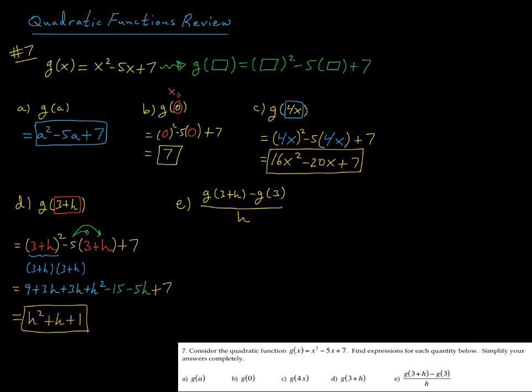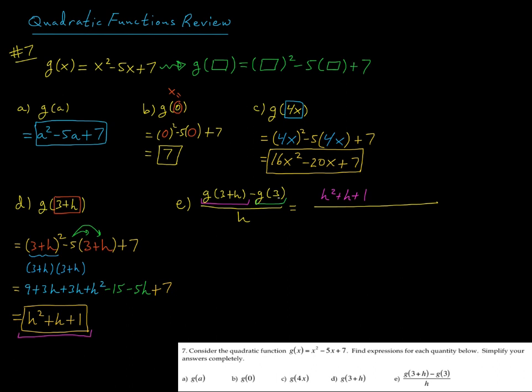All right. Well, one thing we can point out is that g of 3 plus h is what we just computed in part d. So what I'm going to do first is replace g of 3 plus h with this expression, h squared plus h plus 1. All right, and now how about g of 3?